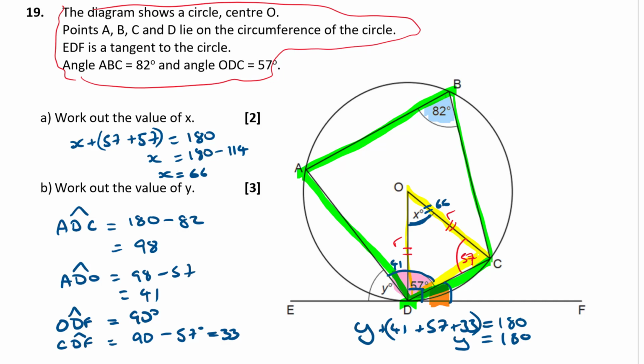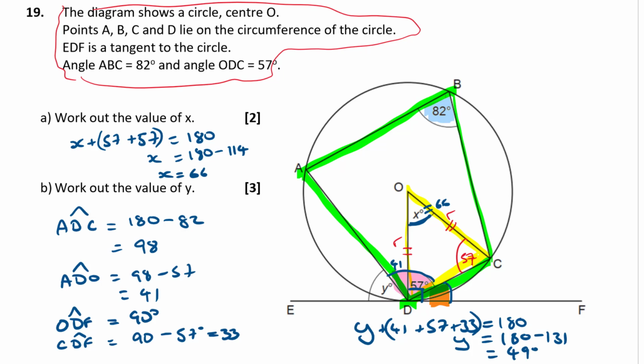So 57 and 33 adds up to 90, plus the 41 is 131. So 180 subtract 131, what's that? That is equal to 49? 49 and 131 is 180, isn't it? So 49 degrees, and that's my y.